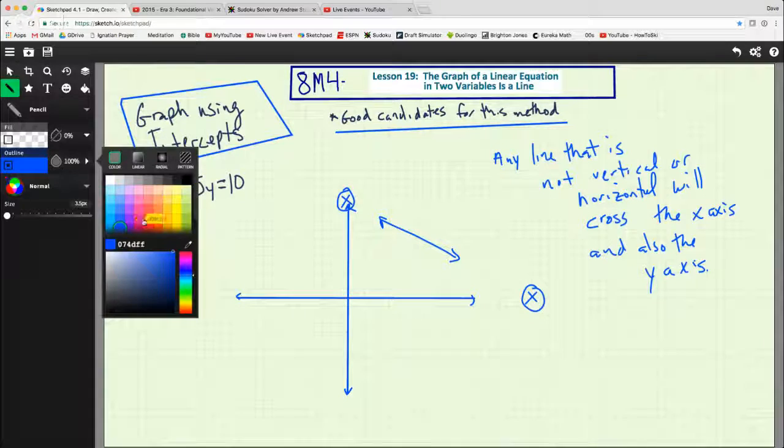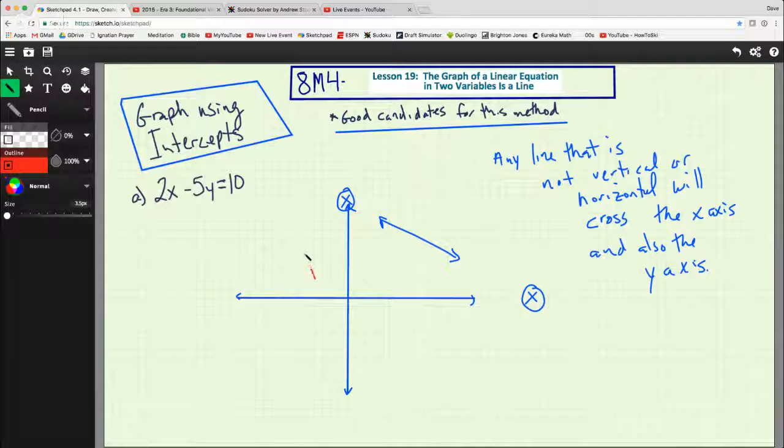Let's take a different line. I'll leave all these lines up here. Let's take this line here. Let's make this really steep. So this is non-vertical and non-horizontal. This line crosses the x-axis right here, and we'll cross the y-axis somewhere down here.